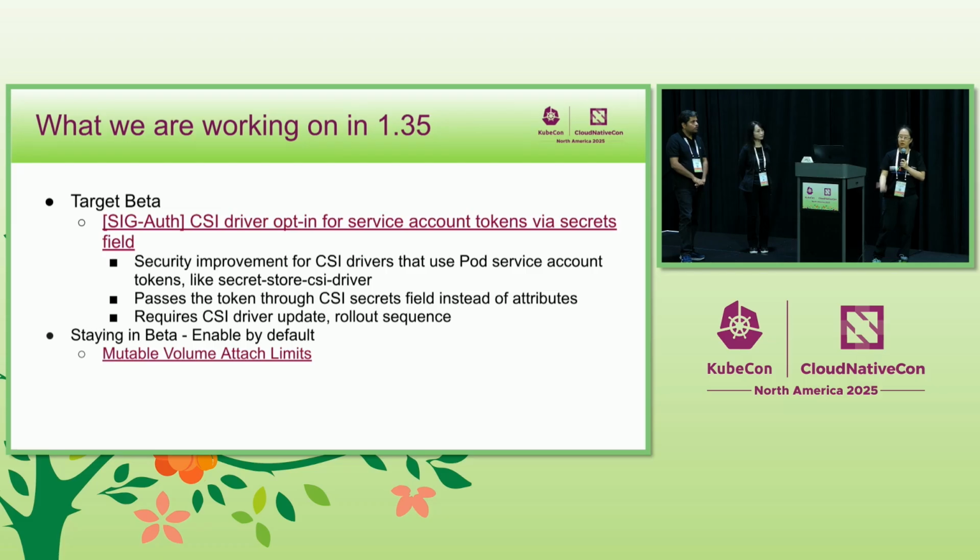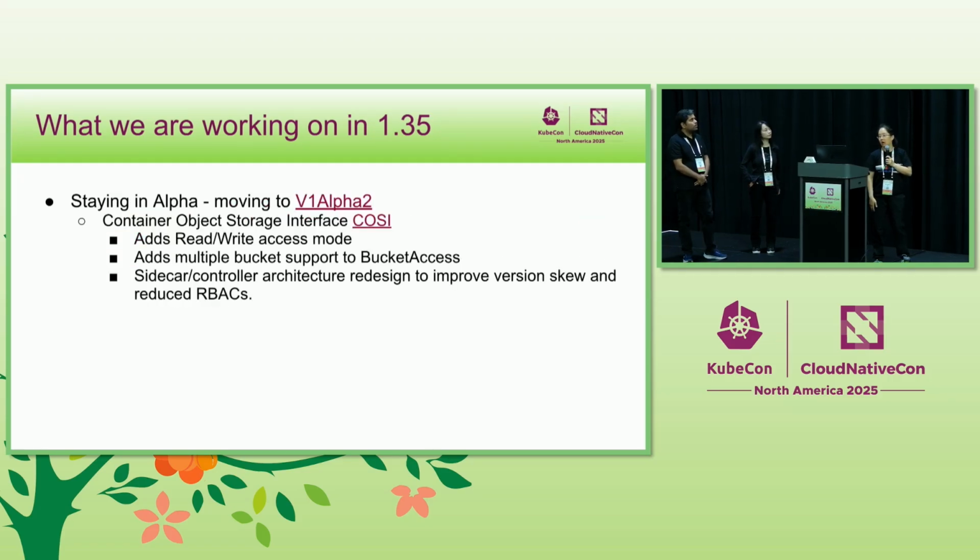Staying in beta, but enabling by default, is the mutable volume attach limits that Hemant was just talking about. And then staying in alpha, but moving to V1 Alpha 2 is the Container Object Storage Interface, also known as COSI.